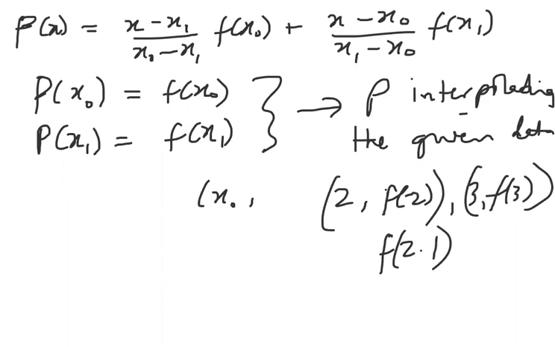I'll see that this 2.1 is between 2 and 3, so I can pick values in between there and try to approximate those. But what I want is that this polynomial P should satisfy the function at those given points.